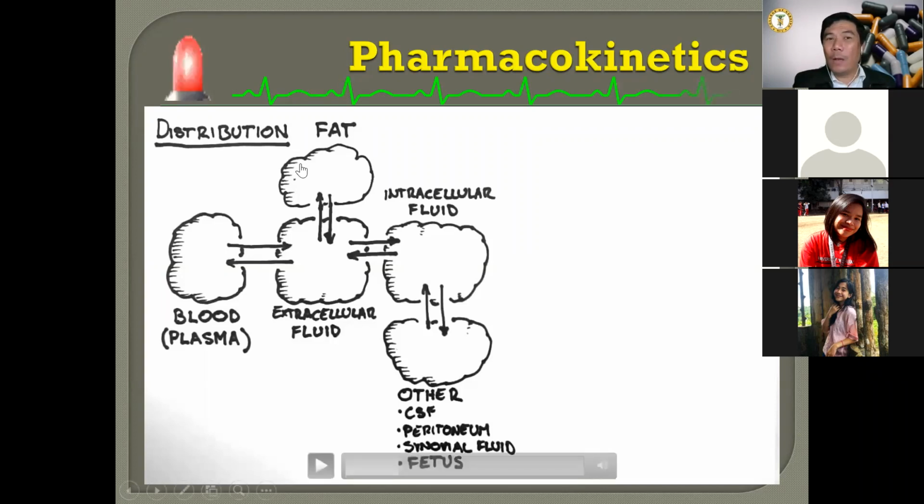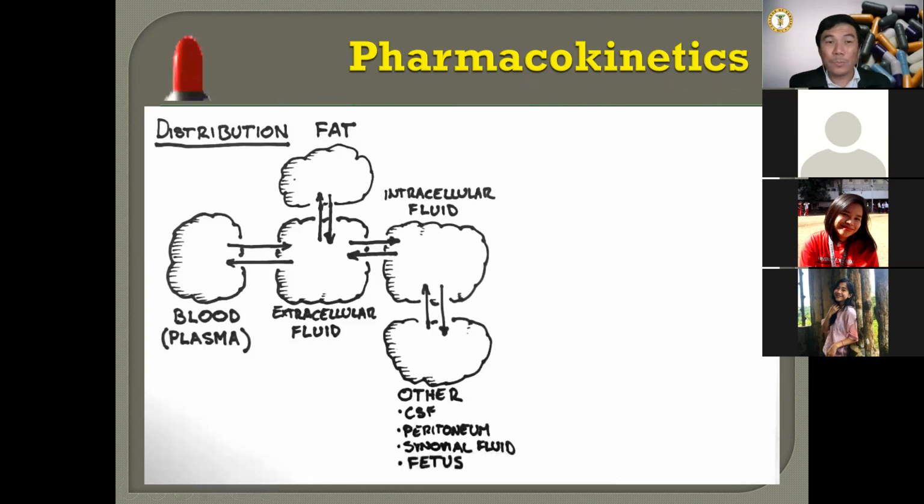Thus, when we talk about other compartments, there are fats, with the tissues that may have fats. The other fluids that we consider are the cerebrospinal fluid, obviously in the brain, the peritoneal fluid, the synovial fluid through the joints, and the fetus, obviously with the amniotic fluid.